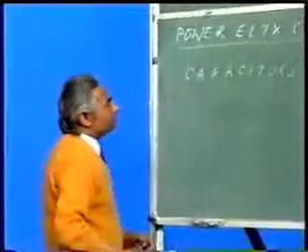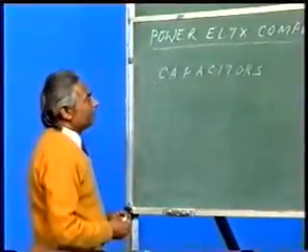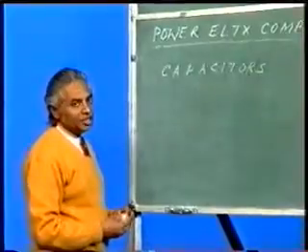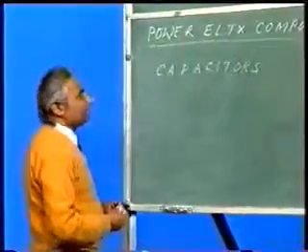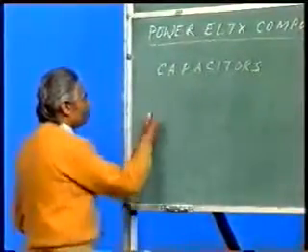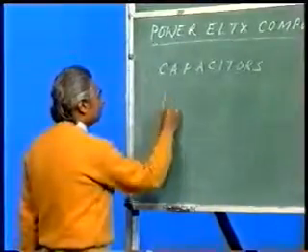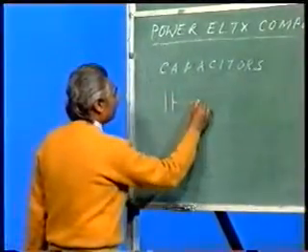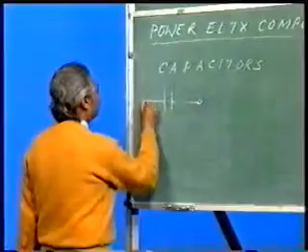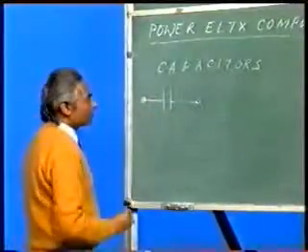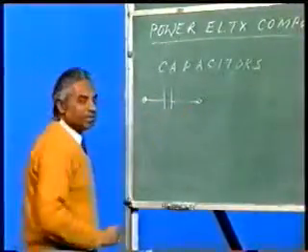So the second component is the capacitor. You see, the capacitor is a very important component, and it is mainly used for storing electrical energy. Symbolically we can show it like this. These are the 2 electrodes and these are the 2 terminals coming out.